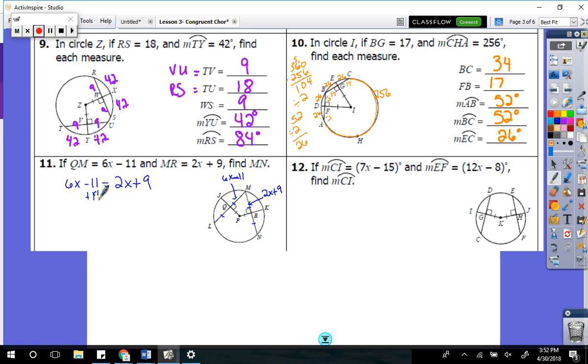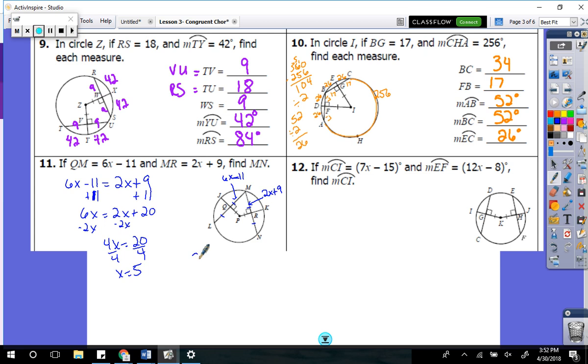Do a little work. 6x equals 2x plus 20, minus 2x, minus 2x. 4x equals 20, divide by 4. X equals 5. Now it said find MN, so we are looking for this whole length here.